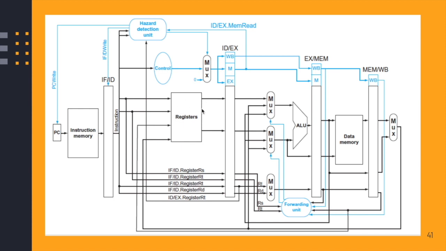It will move its data to this pipeline register, while if I want to stall, I will let all of its control signals equal 0. Okay, so this instruction n+1 will be moved to the execute stage having all of its control signals 0.